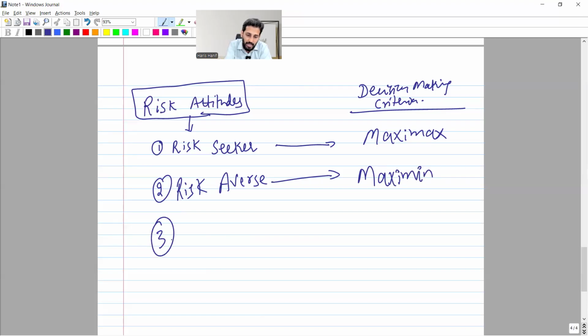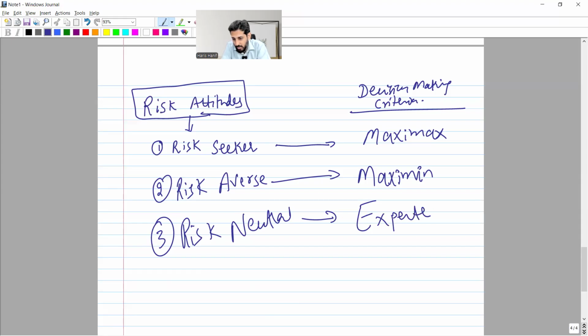And number third is the risk neutral. He is neither a risk seeker nor risk averse, so he will be taking the decision based on expected values. That does not mean that whatever criteria seems suitable can be used. No, it depends on the risk attitude, the mindset.